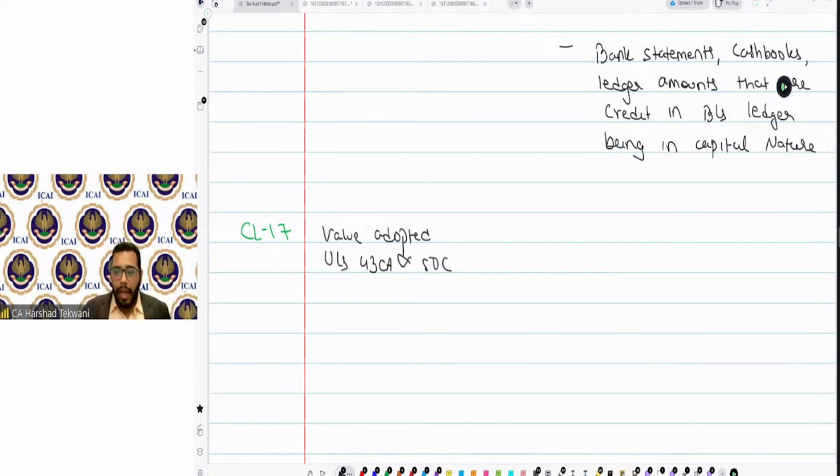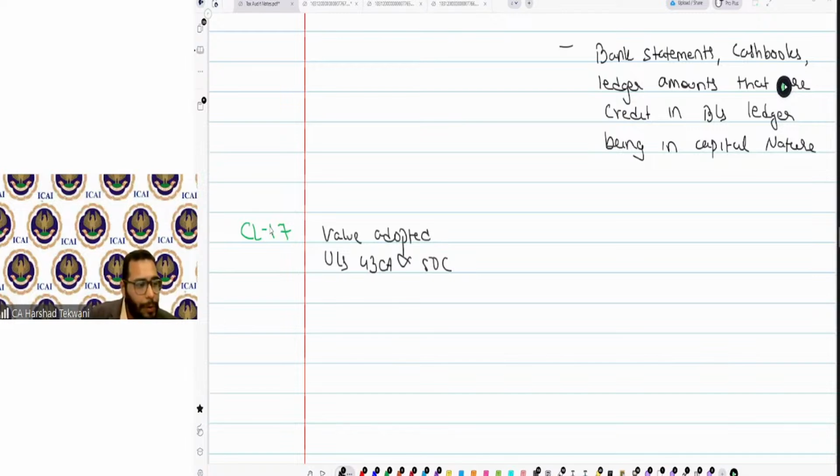Okay. Now that value we are talking about here is the stamp duty value. And the clause says that where any land and building or both is transferred during the previous year for a consideration less than that particular value.